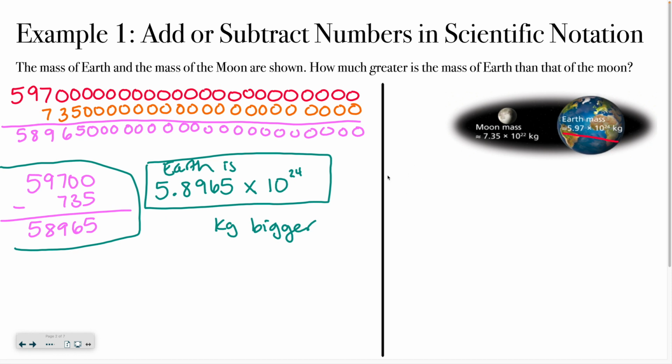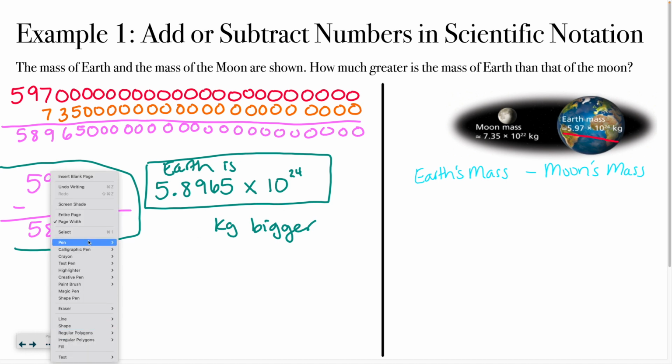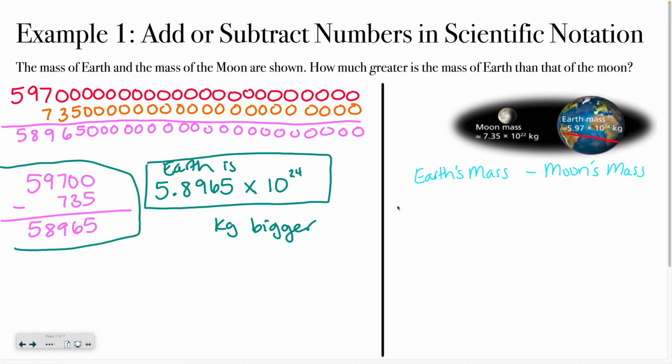So really what I'm doing here is I'm saying the Earth's mass minus the moon's mass. And right now, the Earth's mass is written as 5.97 times 10 to the 24th, and the moon's mass is 7.35 times 10 to the 22nd.